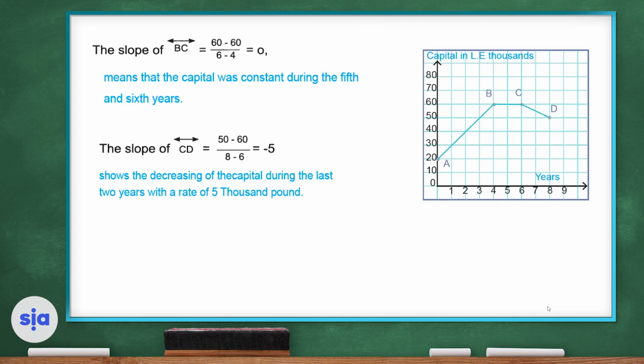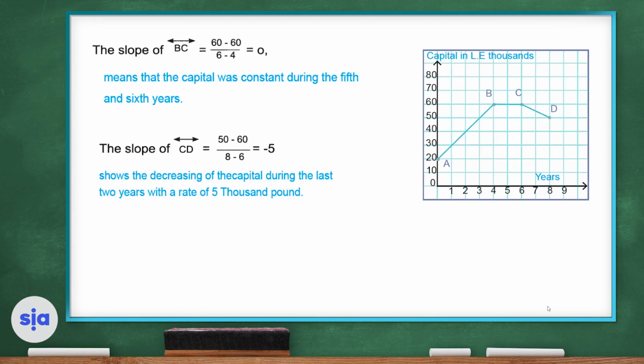So point A is (0, 20), point B is (4, 60), point C is (6, 60), and point D is (8, 50). To find the slope of AB, you will see that the slope of AB is 10. That shows the increasing of the capital during the first 4 years with a rate of 10,000 pounds.